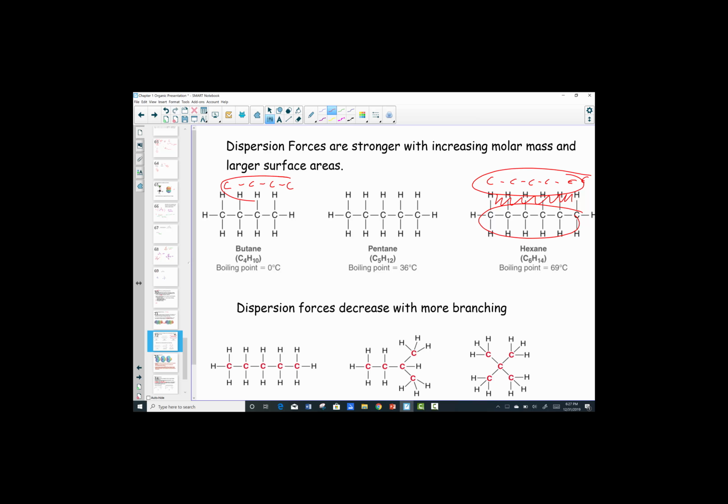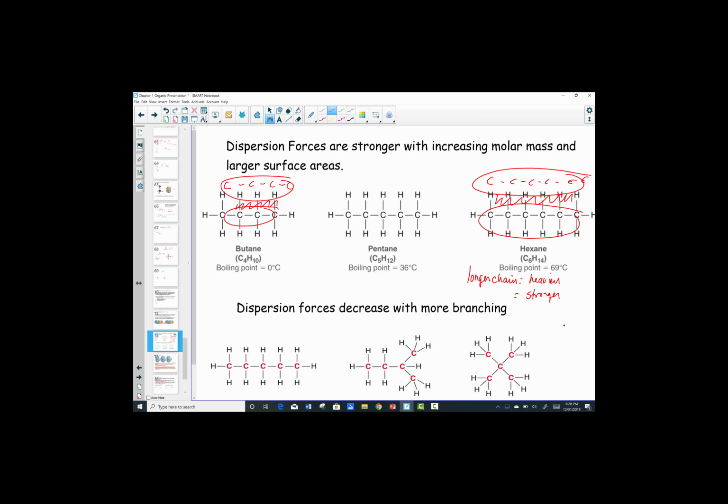If you have a shorter surface area, there is not as much area to interact to create these temporarily induced dipoles. So the longer the carbon chain, the heavier it is, the stronger the London dispersion forces are.